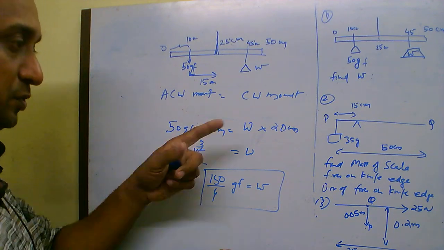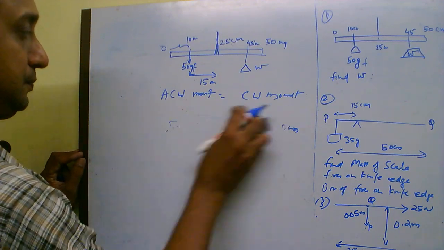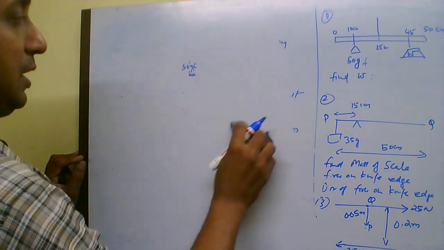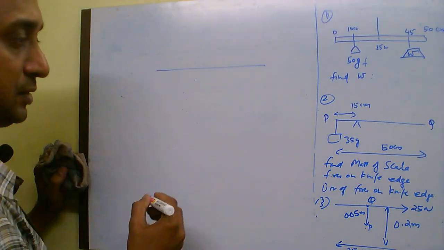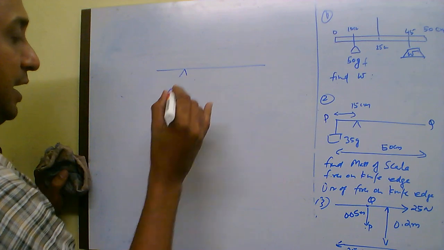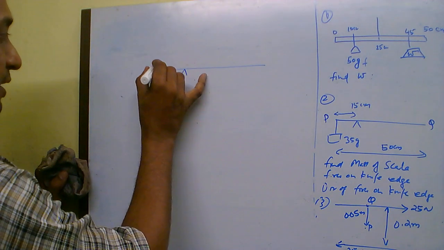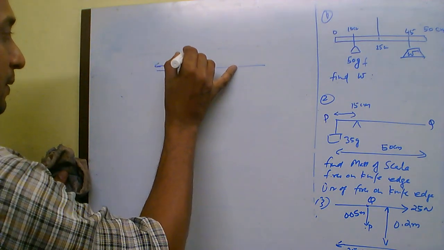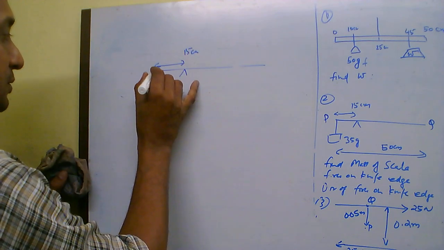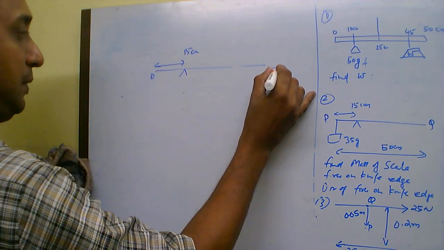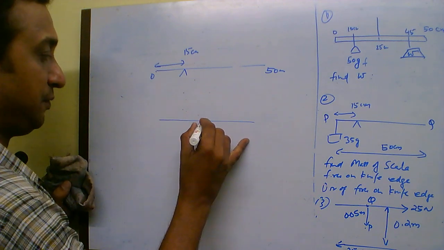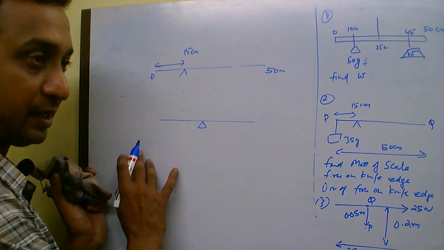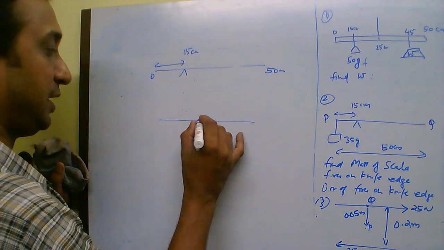Now let us move to the next problem. Again you have a half meter scale, and you have one knife edge 15 centimeters from one end. So this is 0 and this is 50 centimeter. Normally if a scale is balanced, without any weight on the right end or left end, it should be balanced only at the half mark.